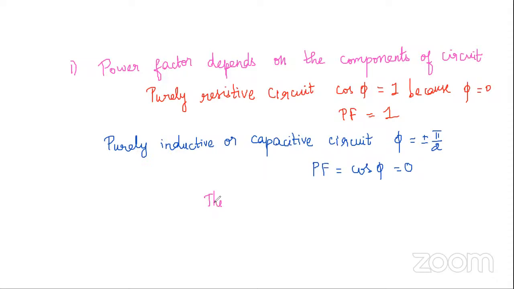So the value of power factor lies between 0 and 1 usually. Okay. And it is a dimensionless quantity because it is merely a number. In case of resonance, your power factor will be 1, because in case of resonance your XL and XC will be cancelled. So power factor will be 1.